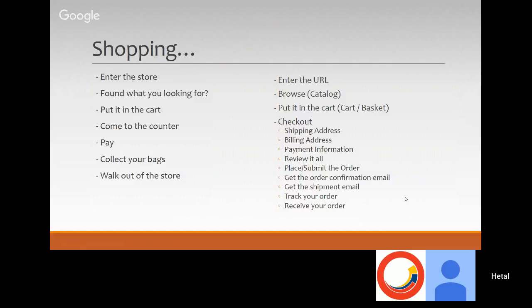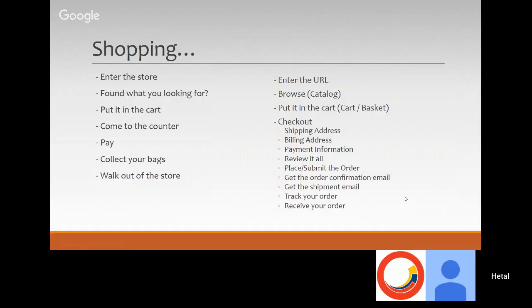Then a final page comes where you review it all, like how your order is going to be shipped and when you are likely to get your order, and then you can make the final decision of placing or submitting the order. And that's the terminology for when you collect your bags. It kind of translates into order in e-commerce terminology. And then you get an order confirmation email that we have received your order.